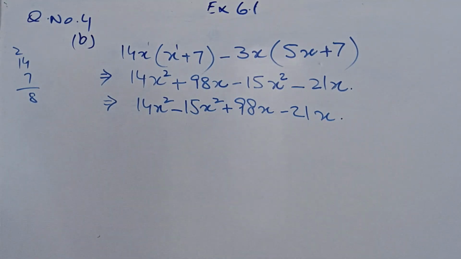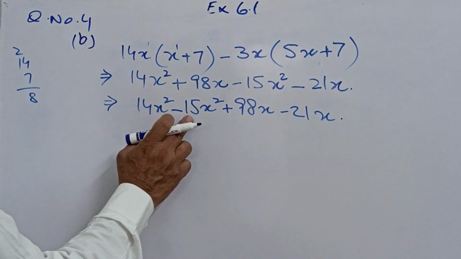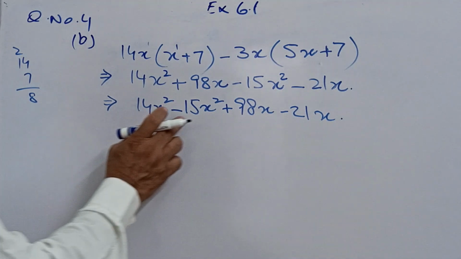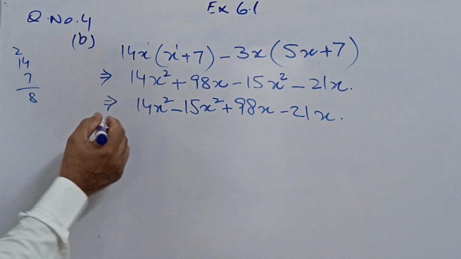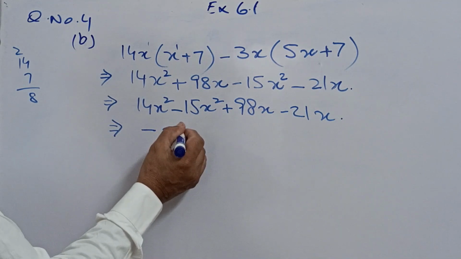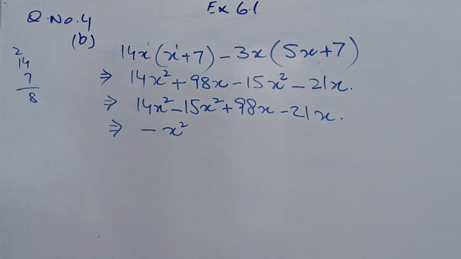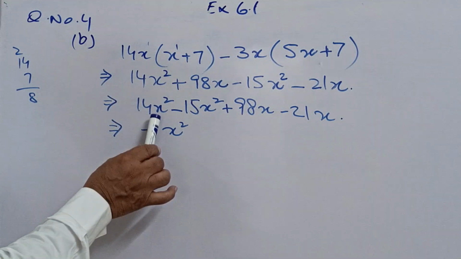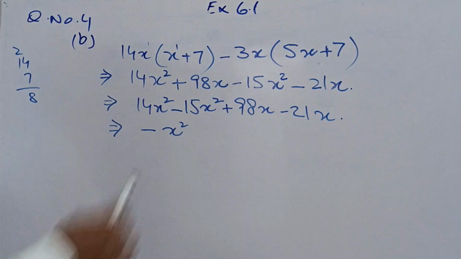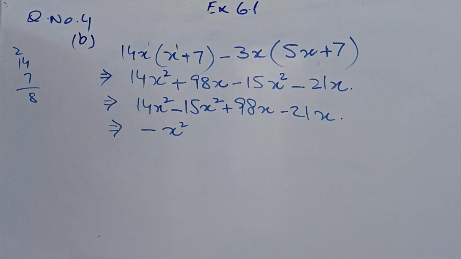Okay, now you see that this quantity is bigger than this quantity, so we'll place a minus sign and simply place x square over here, because I told you that when there is nothing written prior to any variable, it is understood that it is 1.